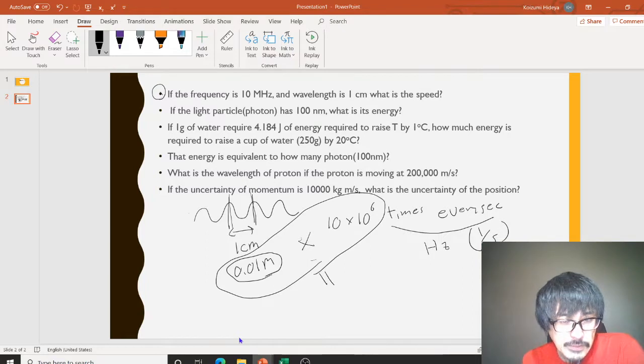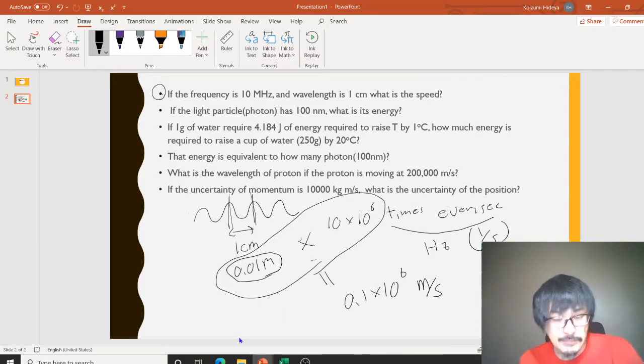So that's equal to 0.1 times 10 to the 6 meters every second. So that's the speed.